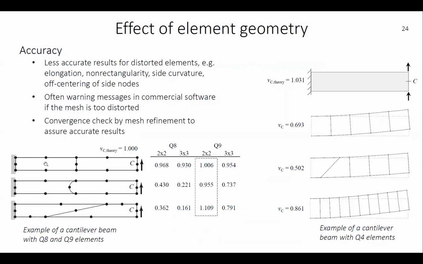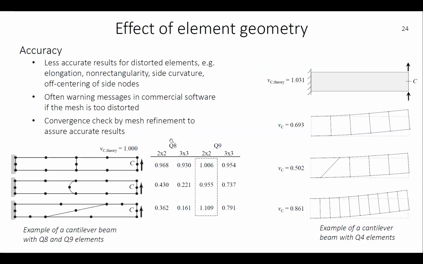Actually, it's also solved by Q9 elements, which have a nodal point in the center. And we have a cantilever beam here, where the numbers have in the book been adjusted so that the vertical displacement V at point C is theoretically 1.